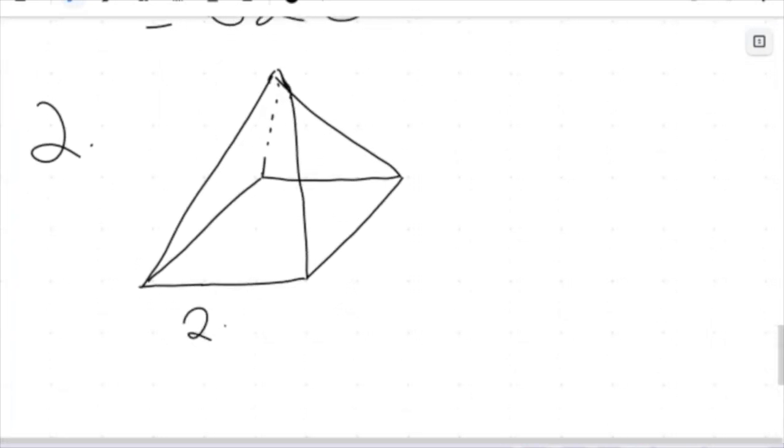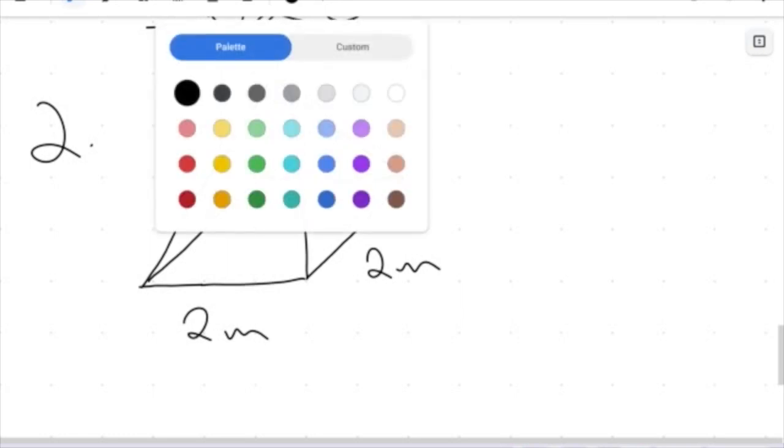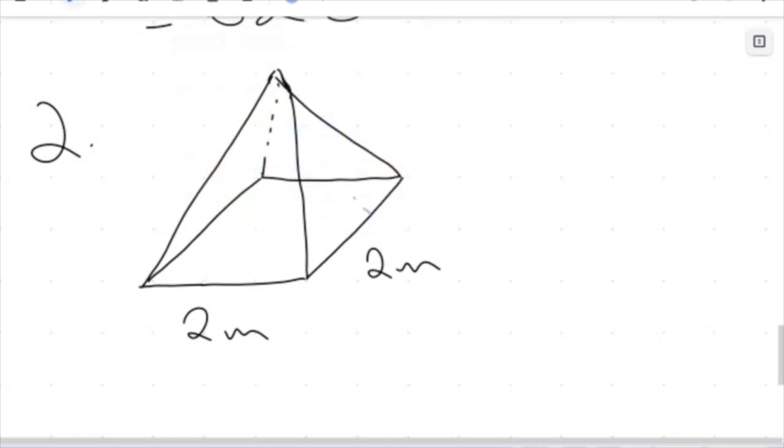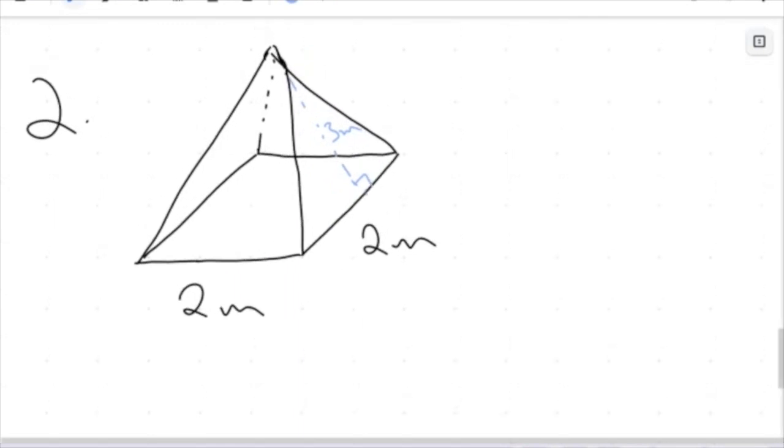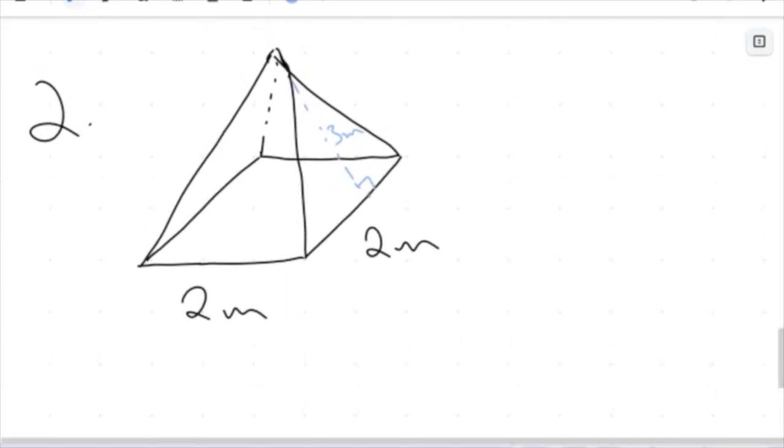My base of my pyramid has the measurements, let's do this in another unit, 2 meters by 2 meters, and it has a perpendicular height here of 3 meters.